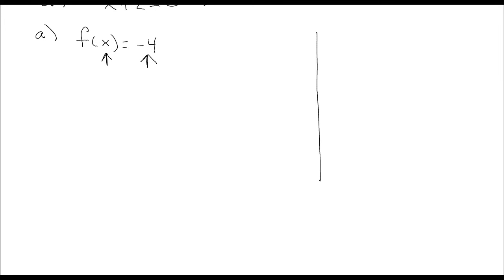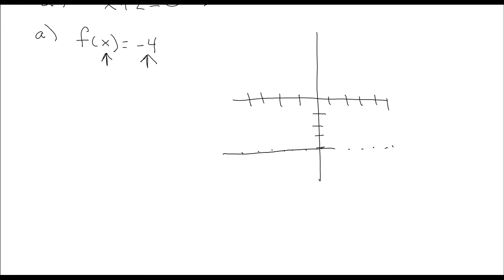Now to graph these functions for part A. For part A, f of x is equal to negative 4. So no matter what x value I hand you, you're going to give me back a negative 4. So when I graph this, for any x value that I hand you, you're going to be down here at negative 4.